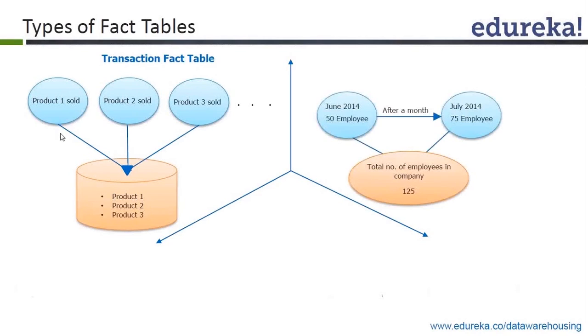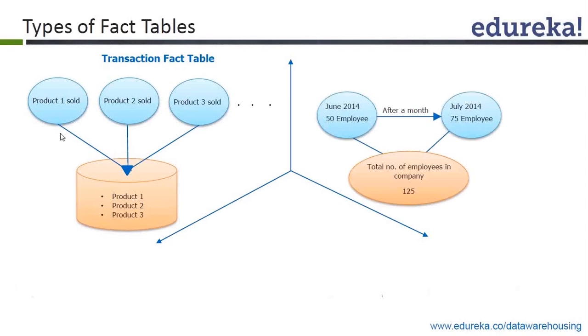The second type of fact you can see in this example is storing summarized data for different time spans. For June, it has data and the summary is stored in the table.